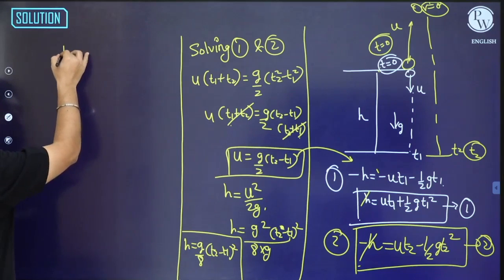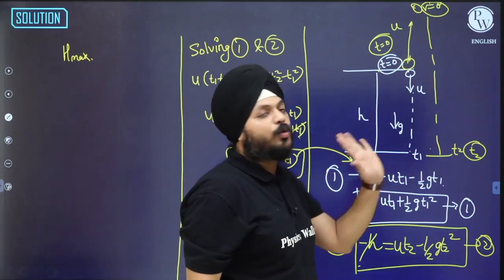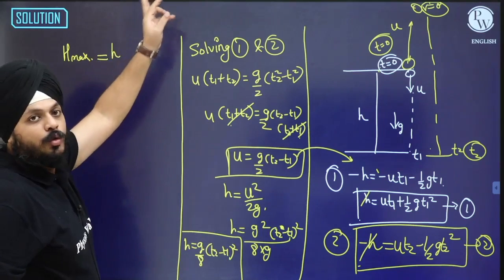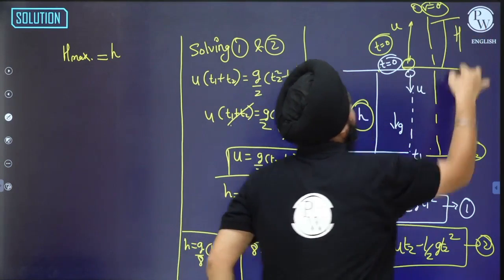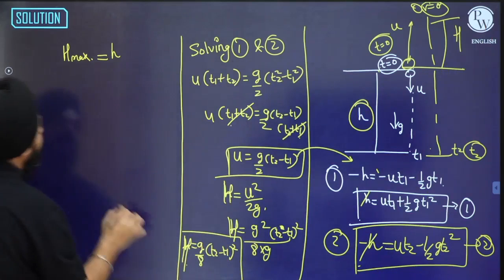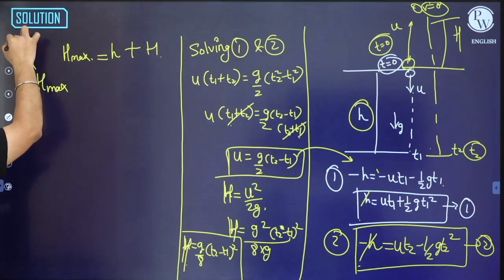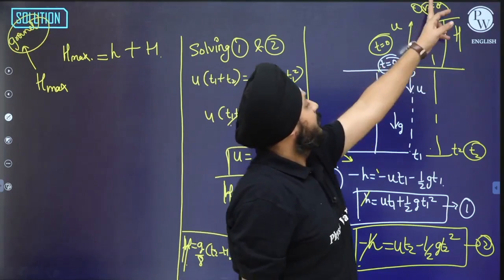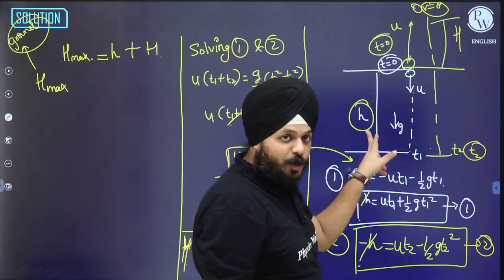We have to find the maximum height attained by the particle with respect to the ground. So H max will be the maximum height attained with respect to the ground: the max height capital H with respect to the top of the tower plus small h, the height of the tower.